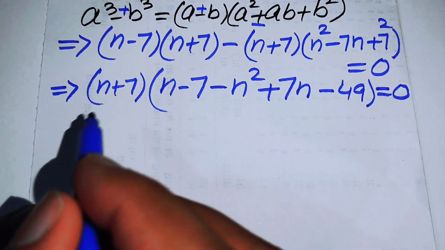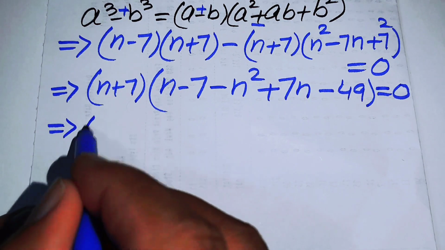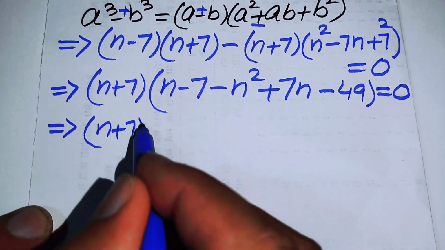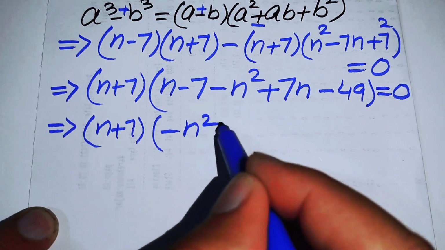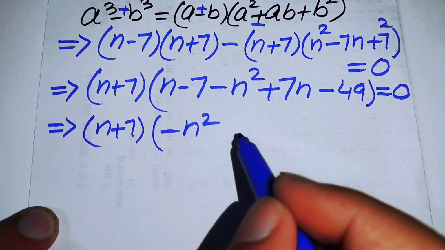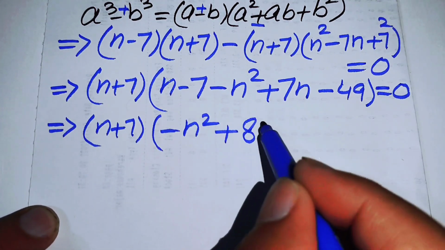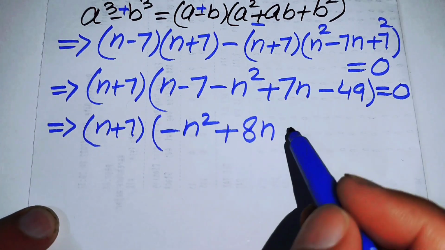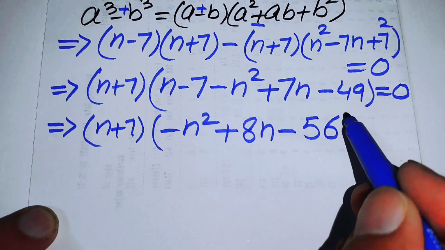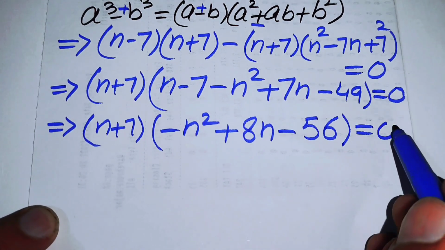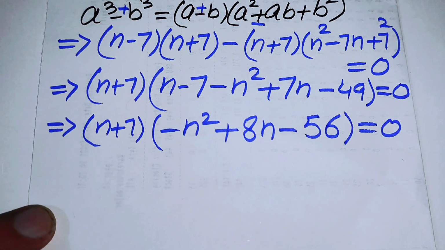And in the next step we will simplify the terms, and here you obtain n plus 7 times, here you have minus n squared, and n plus 7n is equal to plus 8n, and minus 7 minus 49 is equal to minus 56, and this whole equation is equal to 0.